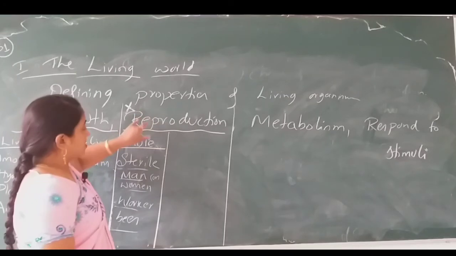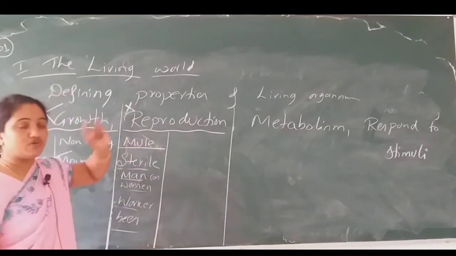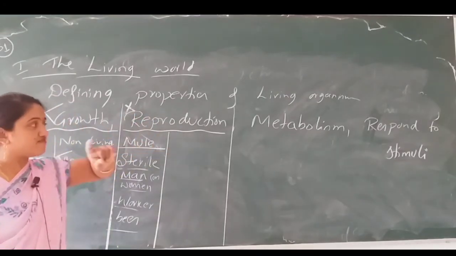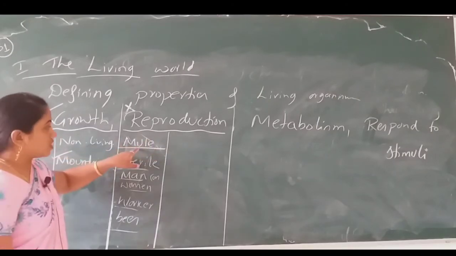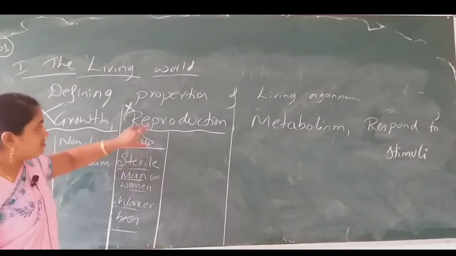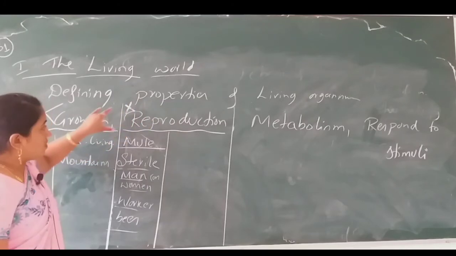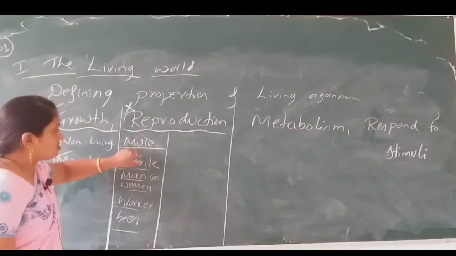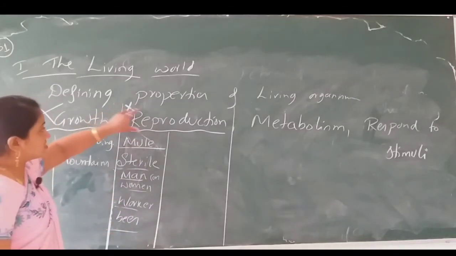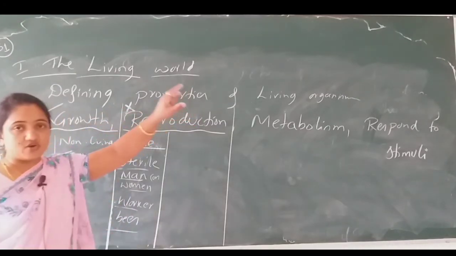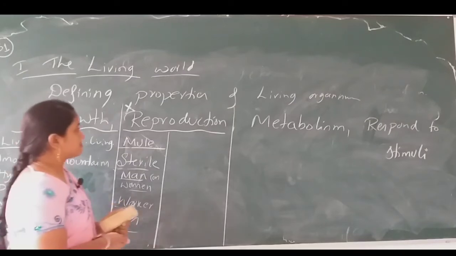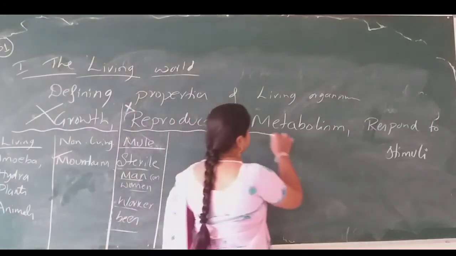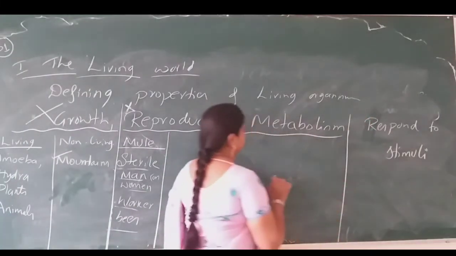Okay, if the mule is growing, if the metabolism takes place, if it is responding to stimuli, all the properties are taking place in this organism, then also we cannot put this property under living organisms. Okay, now coming to metabolism.